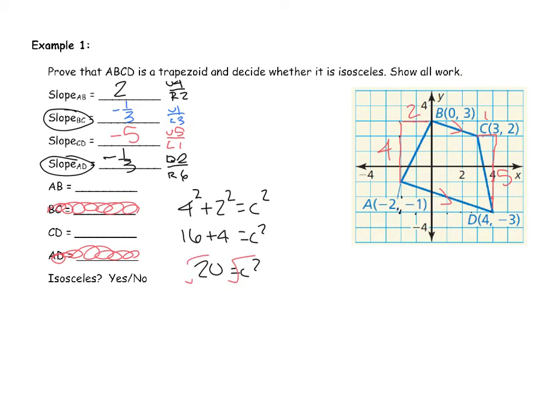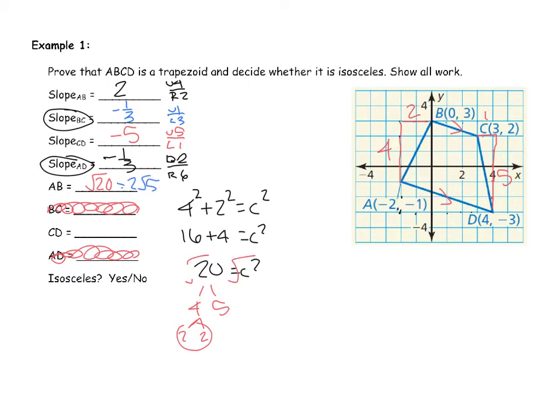And we're just going to leave our answer in radical form. So you end up with the square root of 20. Which, oh no, we can break that down to actually 2 square root of 5. So that actually does reduce to 2 square root of 5.